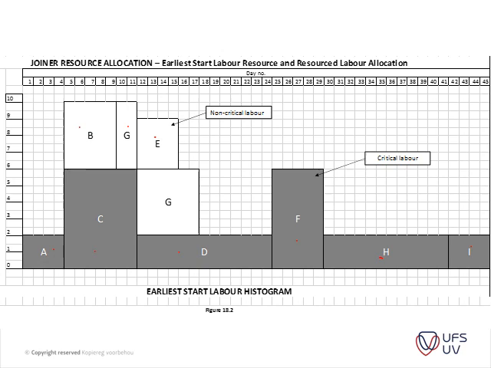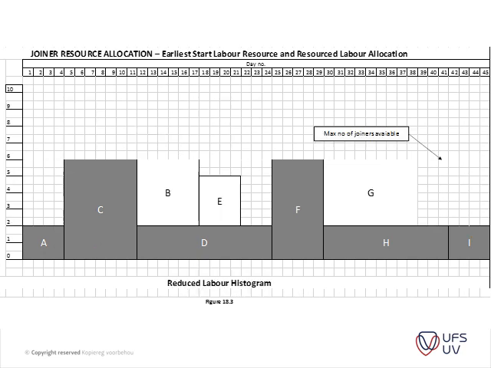If the project completion date is not to be extended, the solution is to level the labor demand within the program according to the joiners available, like I said. This is shown in figure 18.3, which also indicates improved continuity of work by the joiners.